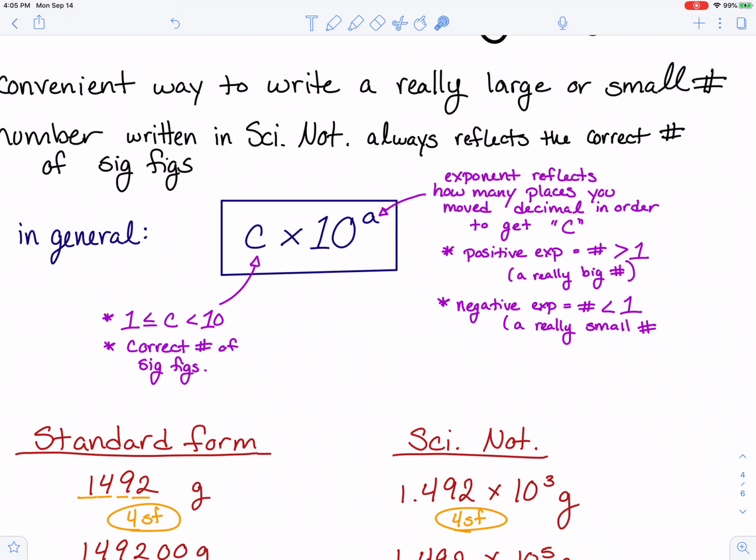So it's a really big number. A negative exponent, or a number smaller than 1, means that we're looking at a really small number. So times 10 to the negative 1 is basically times a tenth, or times 10 to the negative 6th is times a millionth. So they're very small numbers.